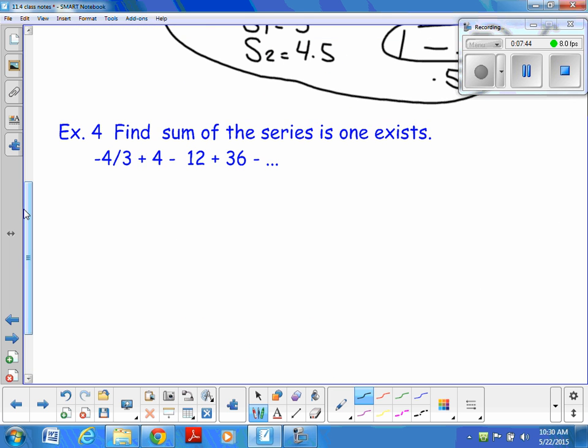Find the sum. So, I'm just going to find the ratio first. It starts off with a negative 4/3, which is a negative 1.3 repeating, and then it goes to 4, and then it goes to 12, and then it goes to 36.